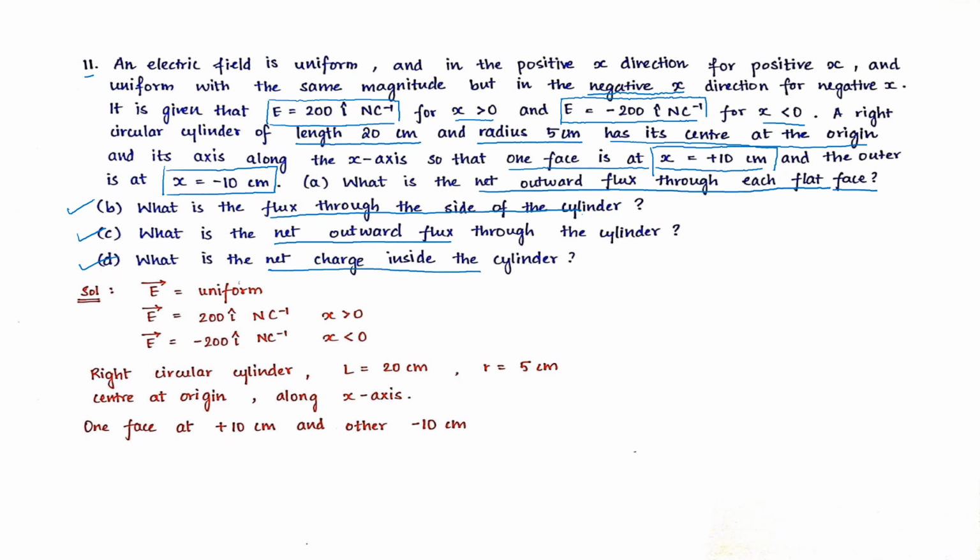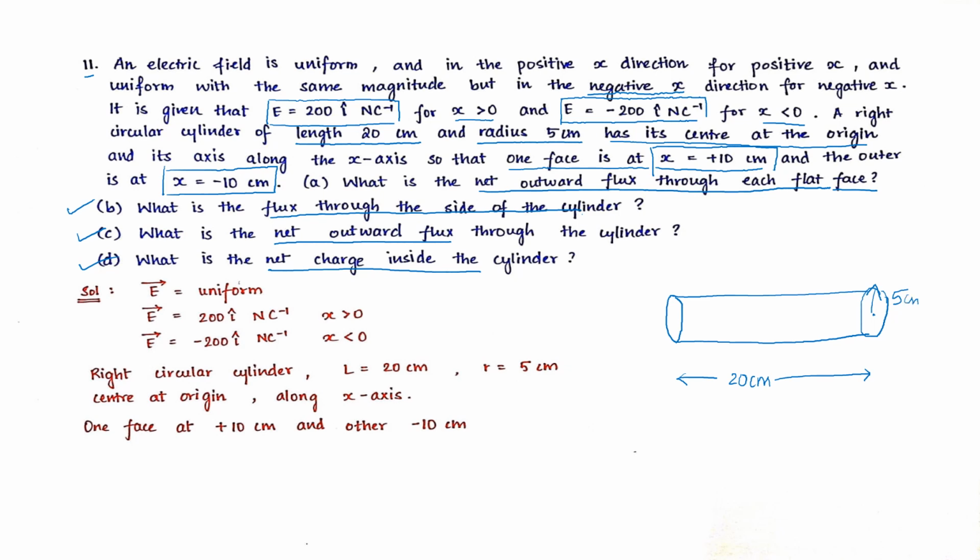So, understanding the question, we will make one cylinder. This is our cylinder. Length of the cylinder is given to be 20 centimeter, and the radius of the cylinder is given 5 centimeter.